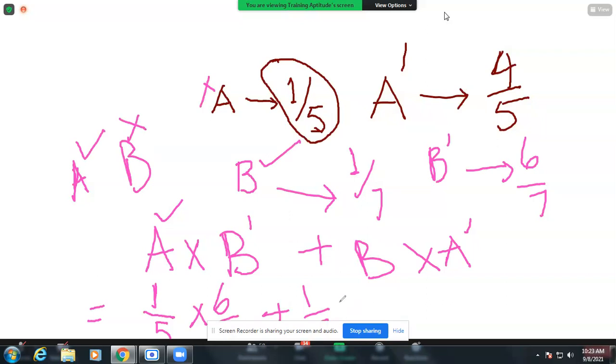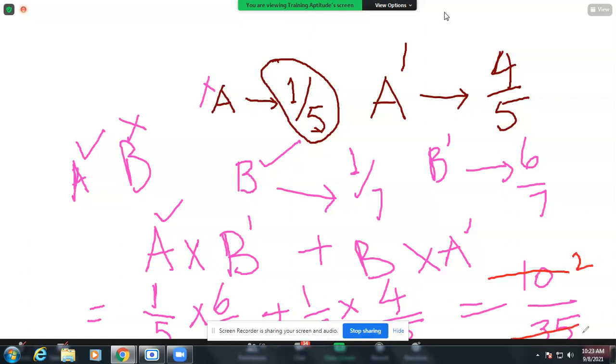A out is 4 by 5. So this is 10 upon 35. This is 10 upon 35. So this is 2 upon 7. Are you all getting 2 upon 7?